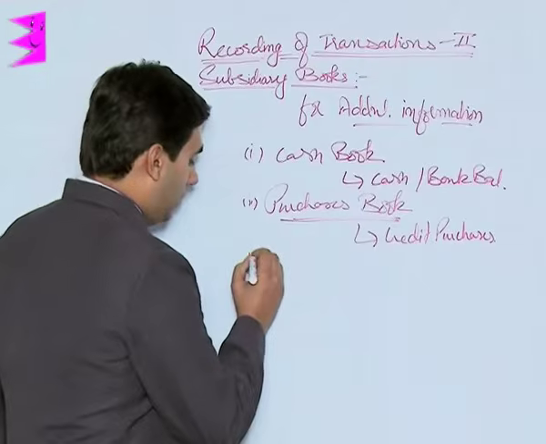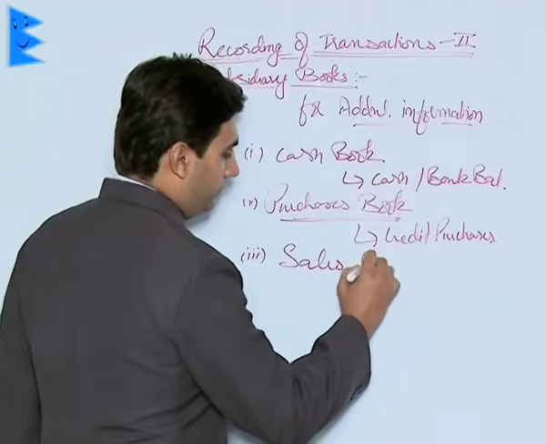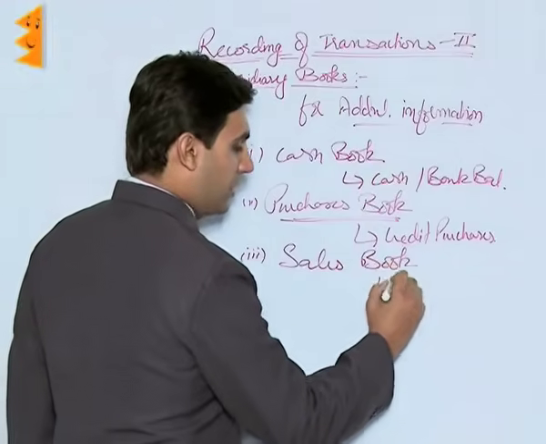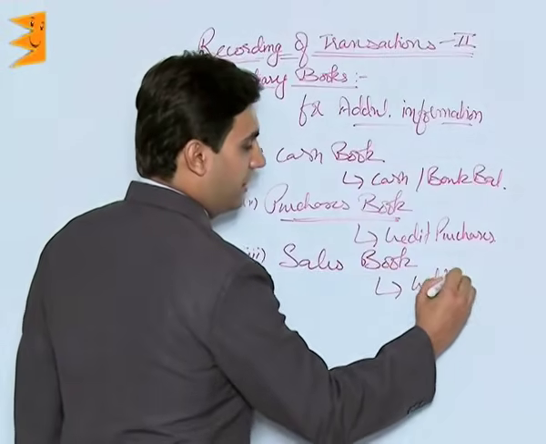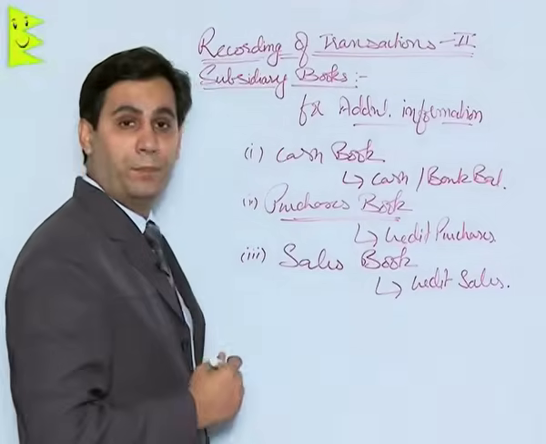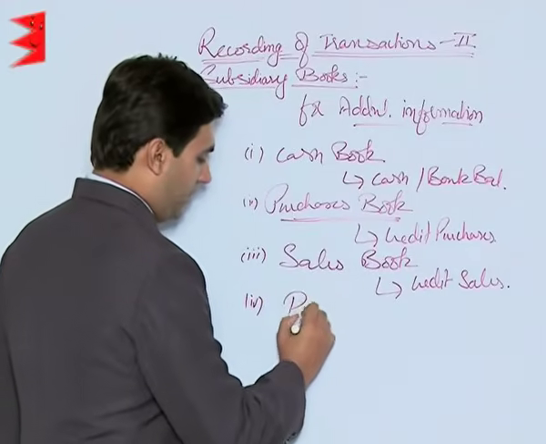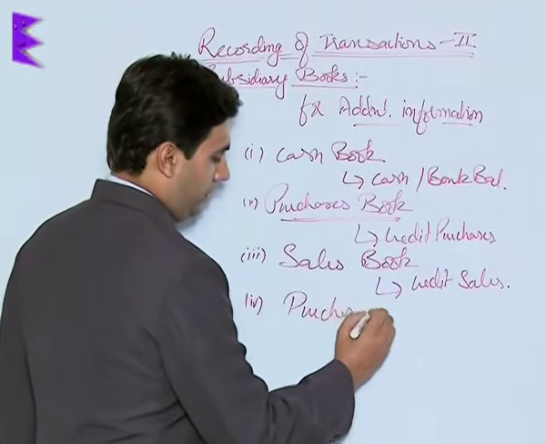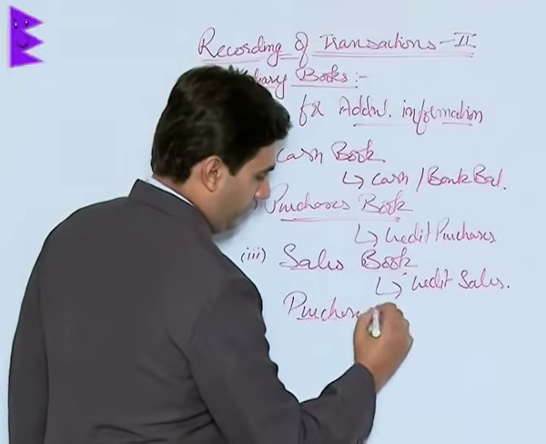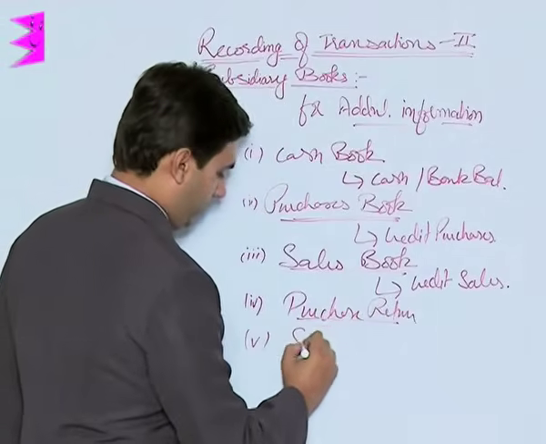Similarly, we have sales book. It shows us the credit sales that are there in the business for a given accounting period. Then we have purchase return and sales returns book.